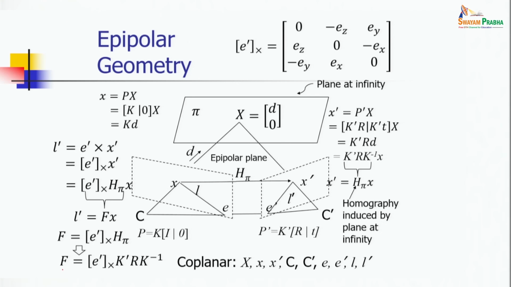So we can see that finally the expression of the fundamental matrix in terms of everything given in the image parameters. So this E prime we have derived is equal to K prime T. This is what is also E prime.